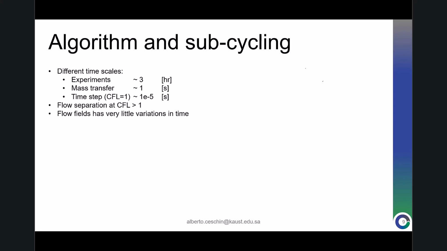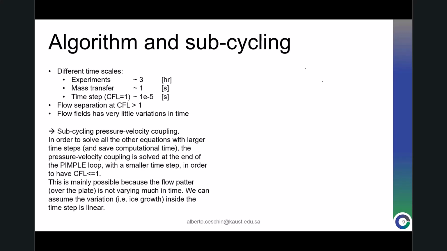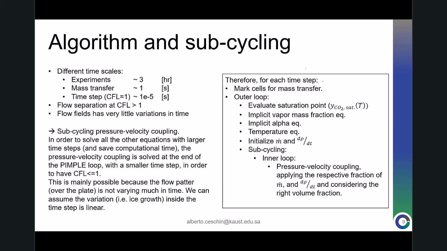So I removed the solid region, and the simulation was taking probably 1 month. And I had to do something more. Of course, you can increase the CFL number, but if you increase it, you have flow separation, and mass transfer is not evaluated properly anymore. So what I came up with was using subcycling, and in kind of a peculiar way.